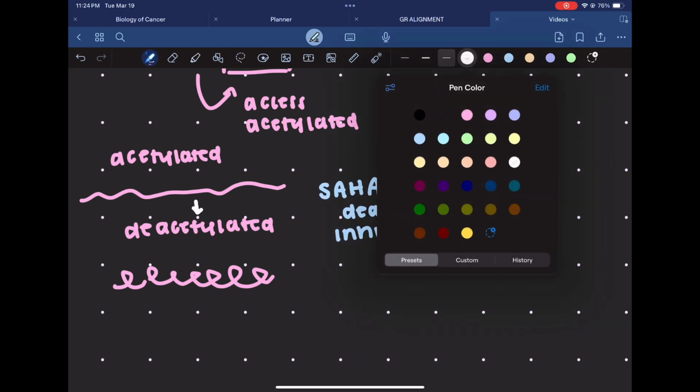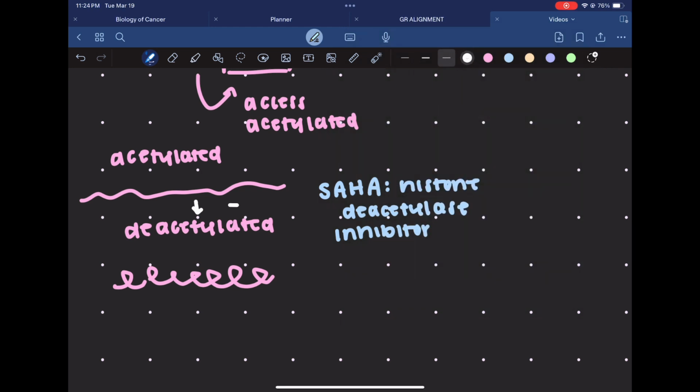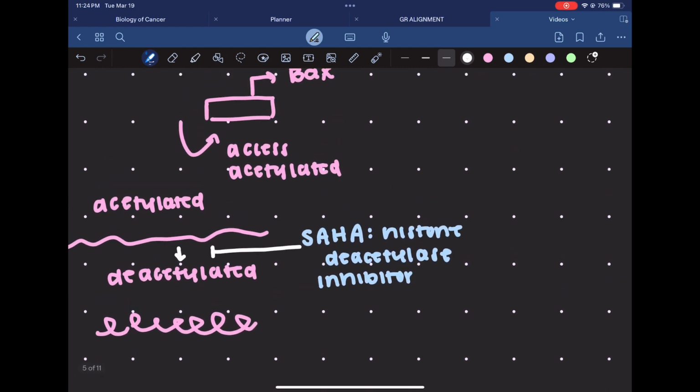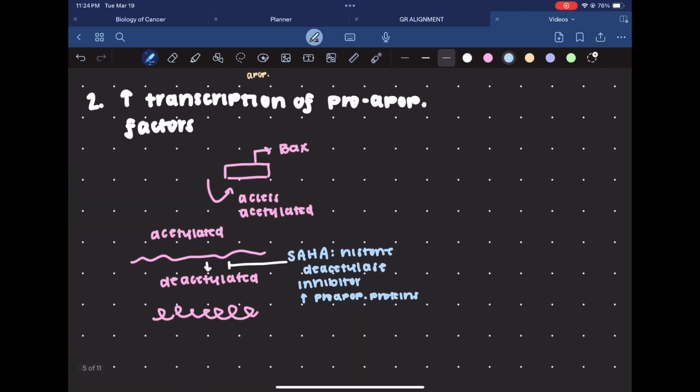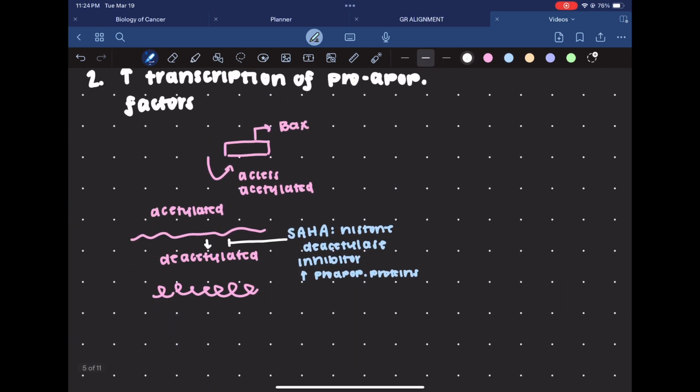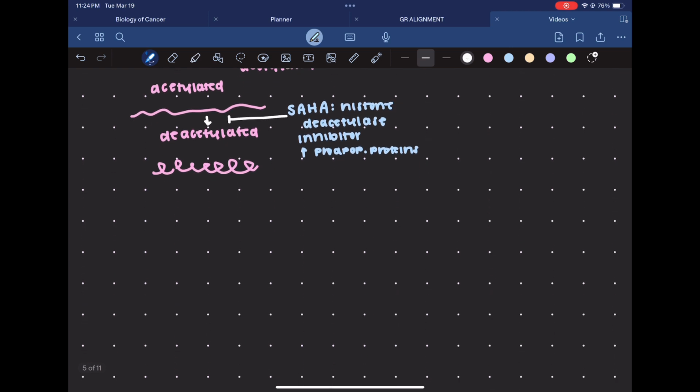SAHA is going to inhibit that transition process. And this is particularly going to be effective for increasing pro-apoptotic proteins, so it's going to be a somewhat specific process. So that's our second way that we can increase apoptosis.